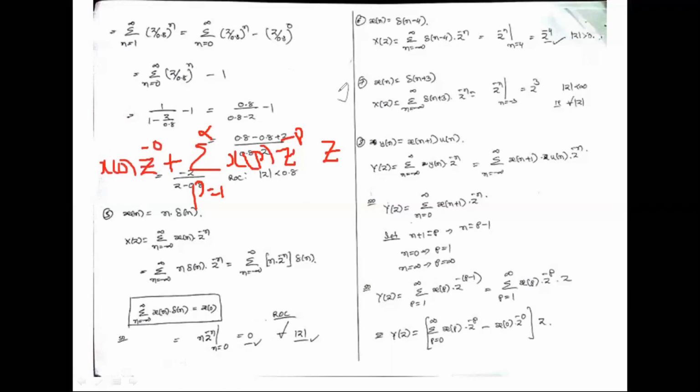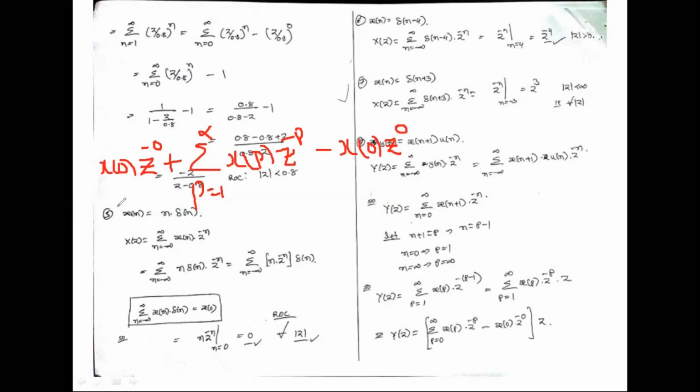Got it, my students? X of 0 z power minus 0. I am adding that and subtracting also, x of 0 z power 0.